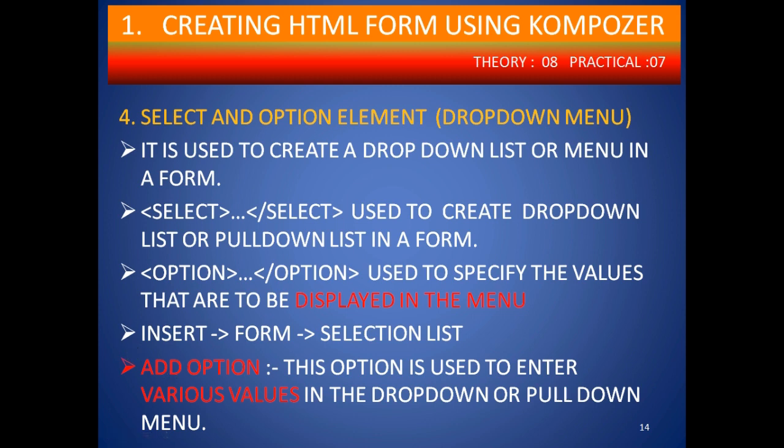There are two ways to create the form, by design and by coding. This is the design way: the Add Option button, you can click and add the cities. And by coding, you have to write the option tag multiple times, and inside each option tag you write Vapi, Daman, Silvassa, Vadodara, Ahmedabad, like that.